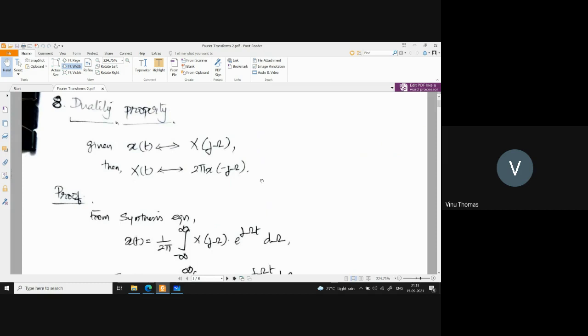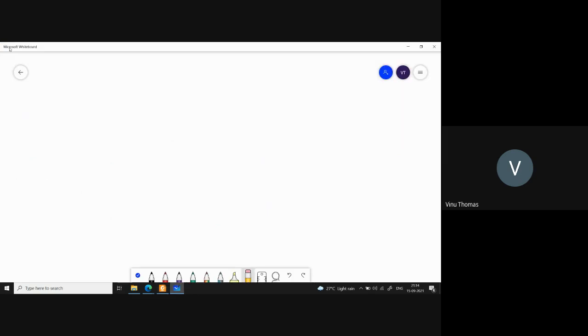So I will use the whiteboard to illustrate this property to see what it means. You have x of t, which is Fourier transformable to capital X of omega. So x of t has some shape, and capital X of omega has some shape.